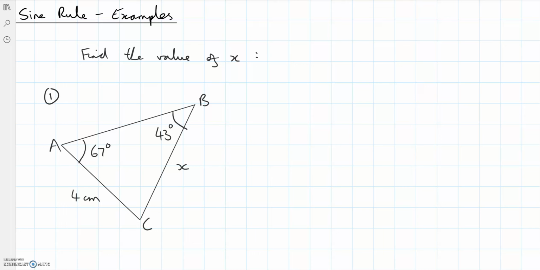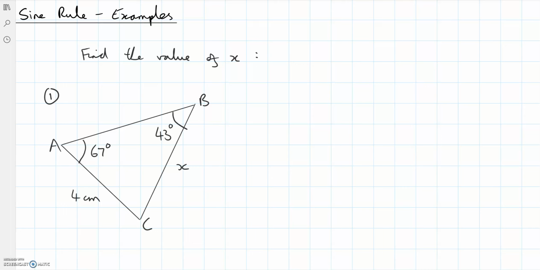So first thing to recognise is that it's a non-right angle triangle, so other techniques such as Pythagoras and SOHCAHTOA or right angle trig, we can't use them here. But that opens up the option of using sine rule, or potentially cosine rule when we come onto that as well, because they can be used in non-right angle triangles.